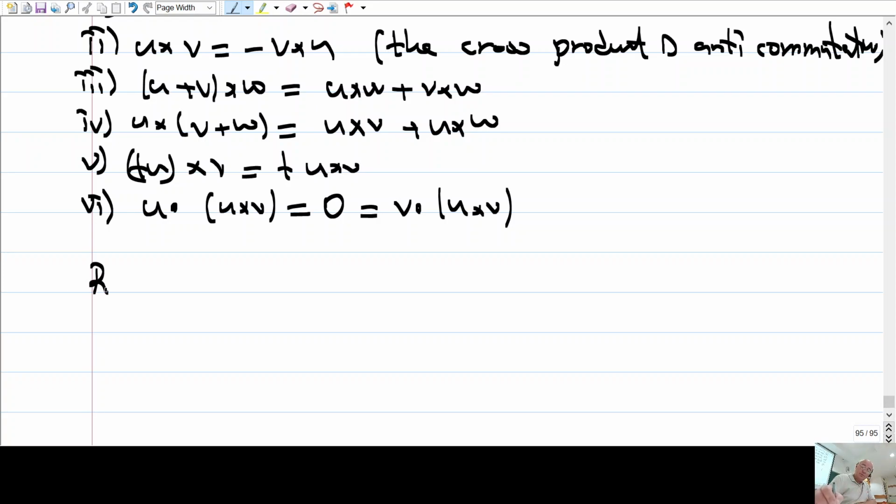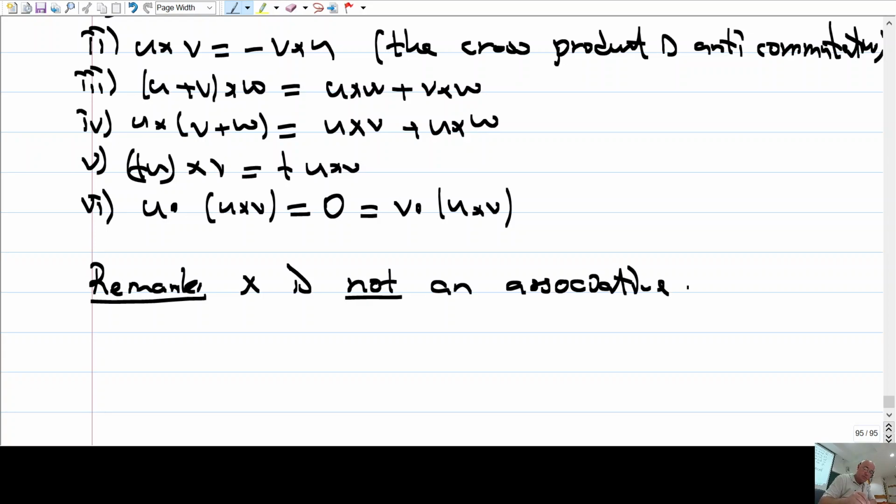Okay, there is this remark which is kind of important. So cross product is an operation on vectors, but it is not an associative product operation on vectors in R3, right?